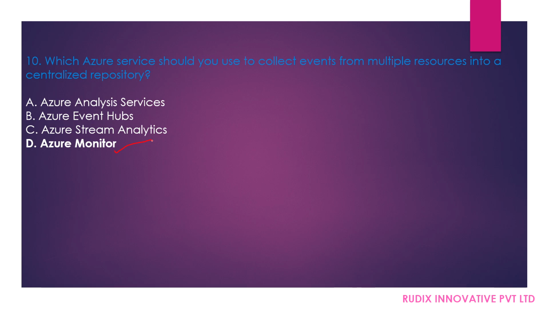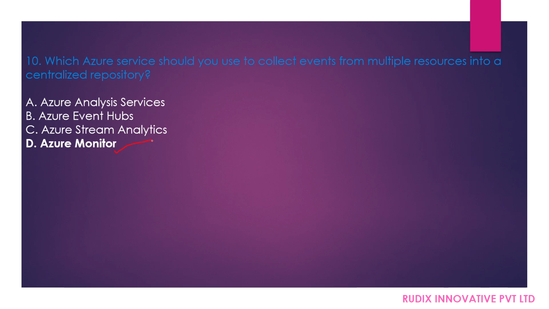So, why are A, B, C not correct? Option A, Azure Analysis Services, is an analytical engine that provides enterprise-grade data modeling and analysis capabilities, which is not intended for event ingestion and collection. Event Hubs is an Azure service designed for collecting and ingesting events from multiple resources.